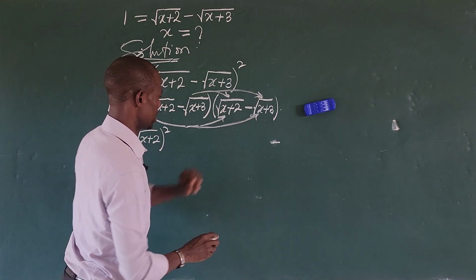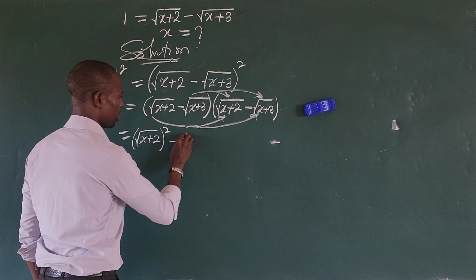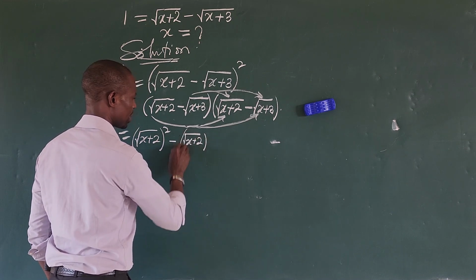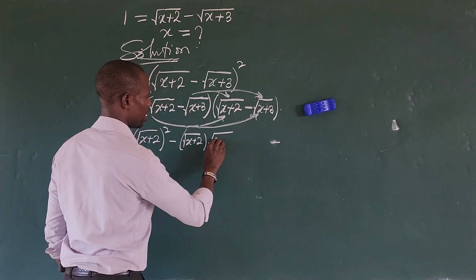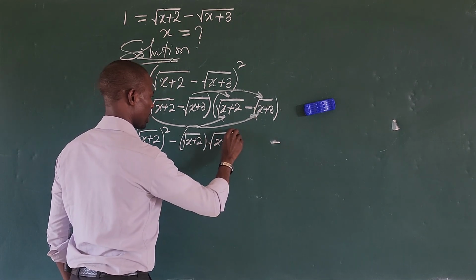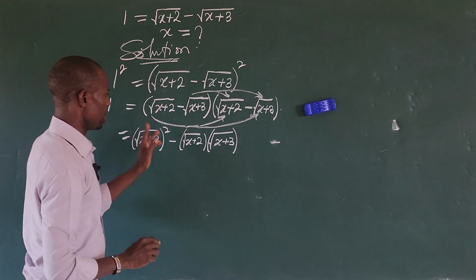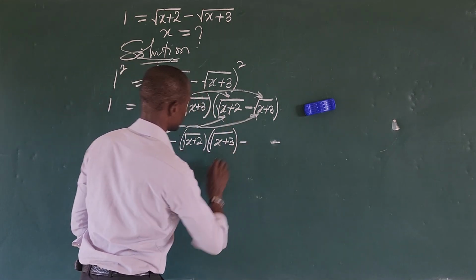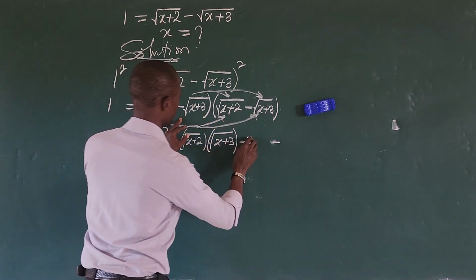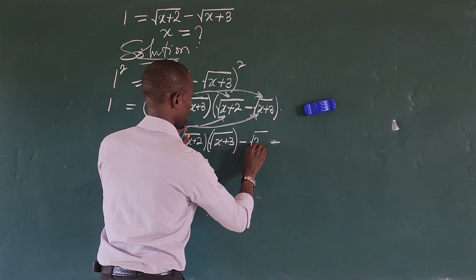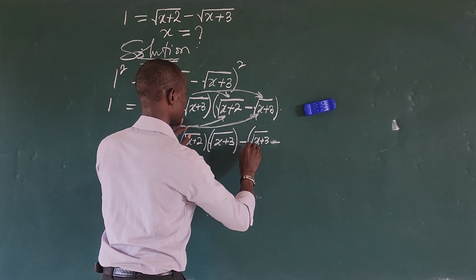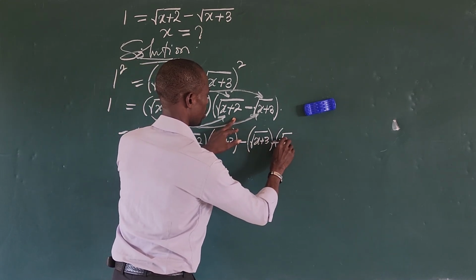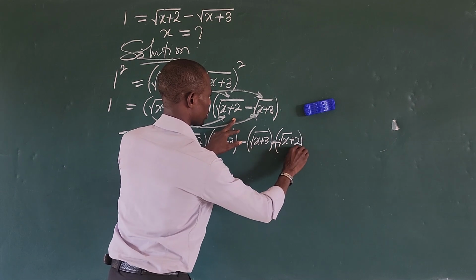We use this to multiply this; this will give us minus the square root of x plus 2 times the square root of x plus 3, close bracket. Then we come up and use this to multiply this, which gives us minus the square root of x plus 3 times the square root of x plus 2, close bracket.